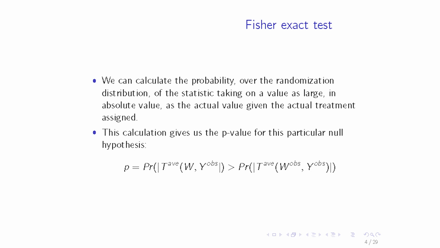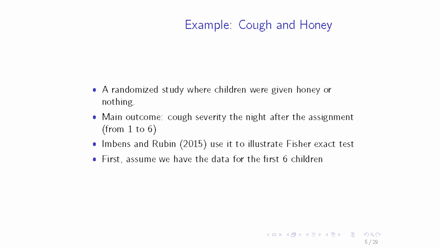So in practice, what do we do? We take our observation, and we say, well, suppose that, in fact, the randomization would have gone differently. And we try one round of the randomization, where I'll give you immediately an example that will be simpler.